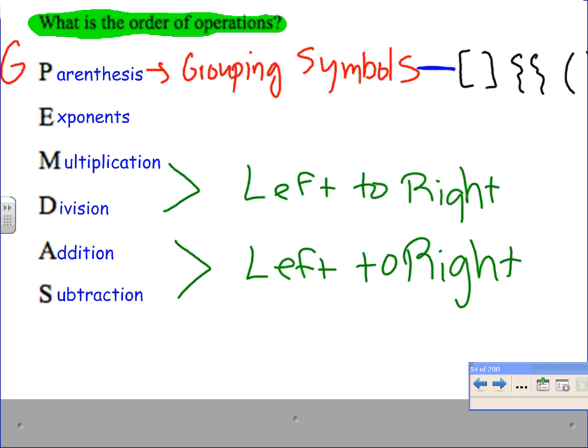Yeah, good job. You can do that. But just remember, though, these two you do in order from left to right, and then these two from left to right.